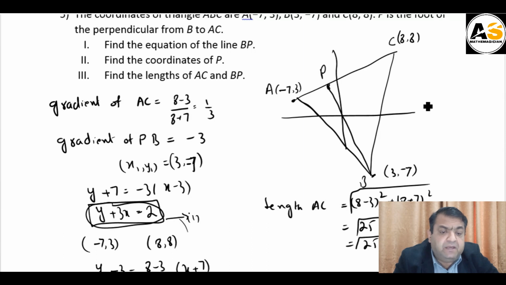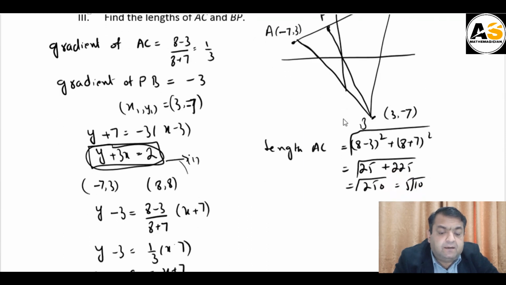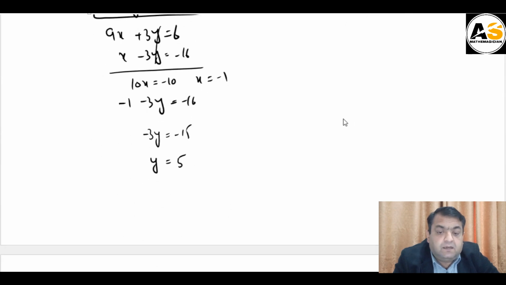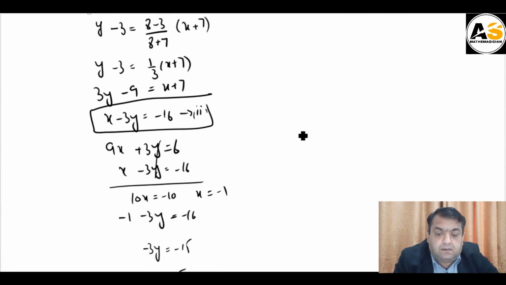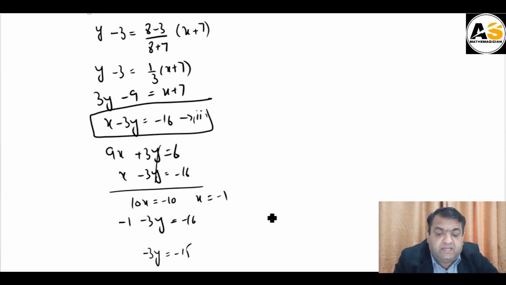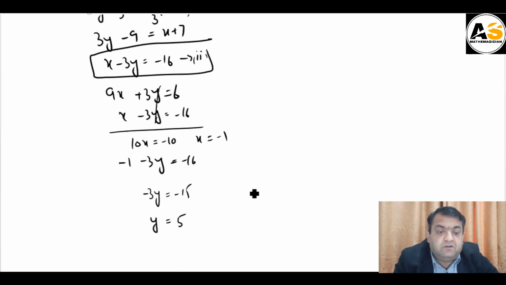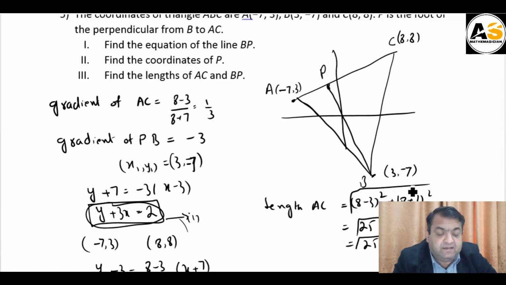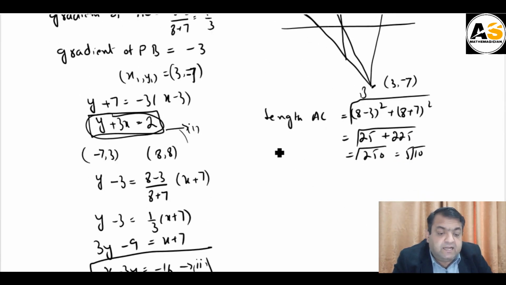What will be the length of PB? P is the point we just calculated. x was minus 1 and y was 5. So P is the point (-1, 5) and B is (3, -7). So what is the length of PB?